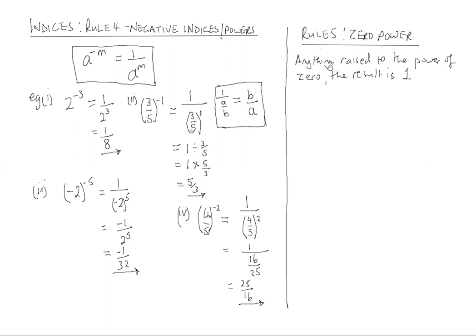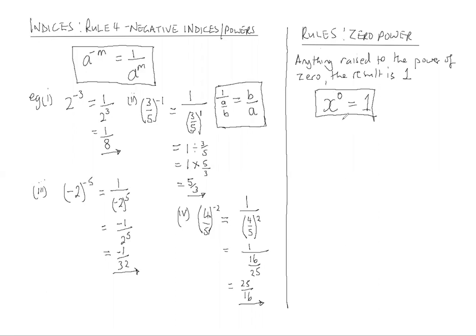So anything or any number raised to the power 0, the result is 1. I'm going to present it in this manner so that any number, let's represent it with x, raised to the power 0 gives us 1. Just going to put it in a box.